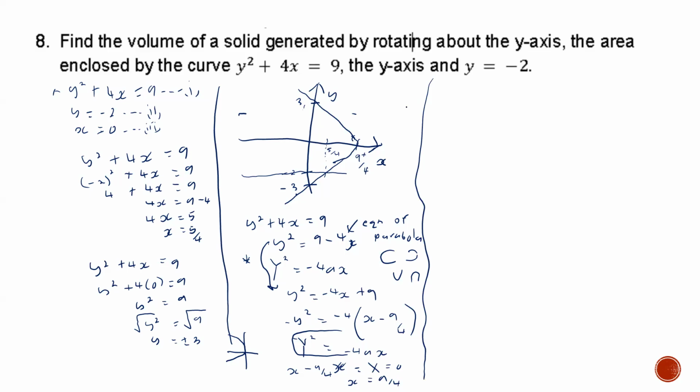So now, the question says to find the volume of us. The question says that it has been rotated about the y-axis. That doesn't mean we are moving up, down, up, down. Because it has been rotated about the y-axis, we are moving left, right, like this.